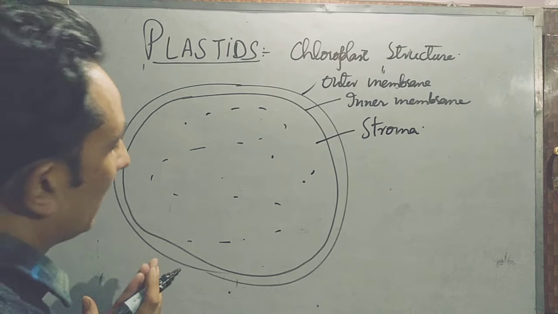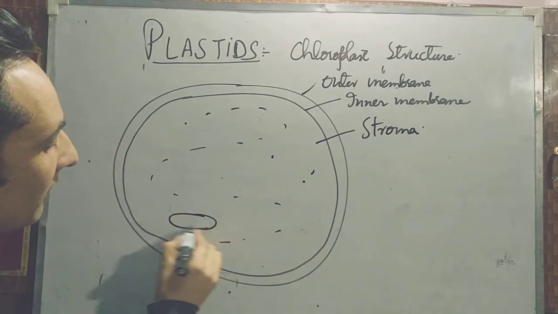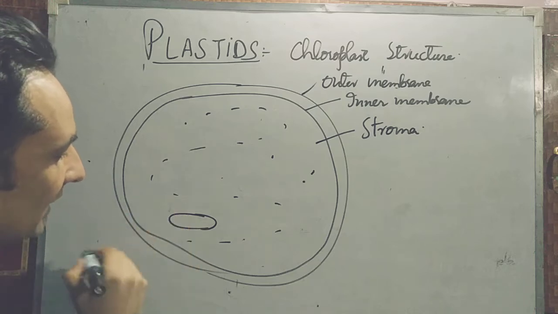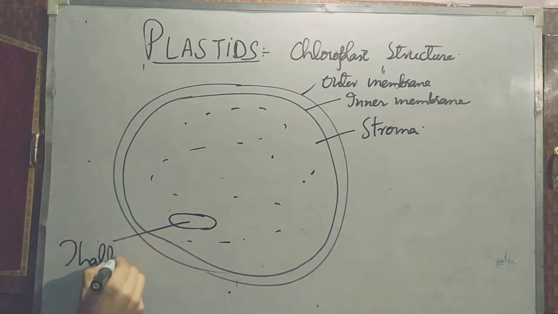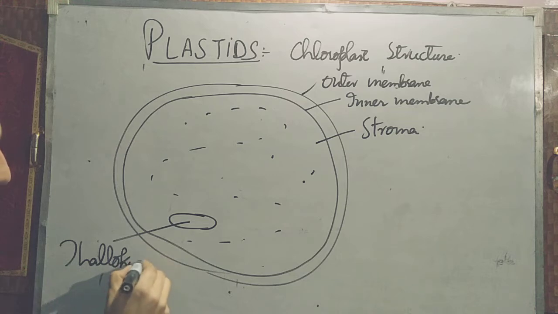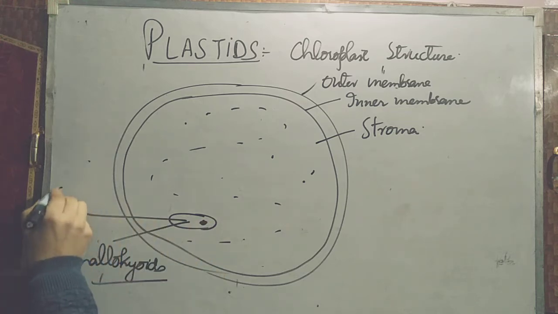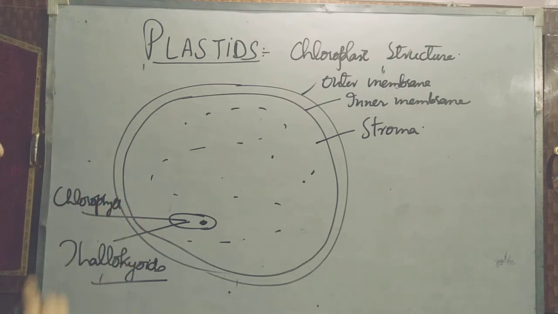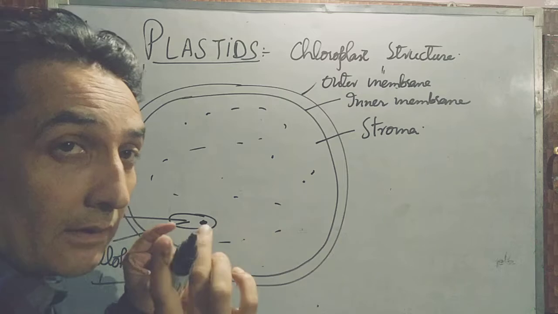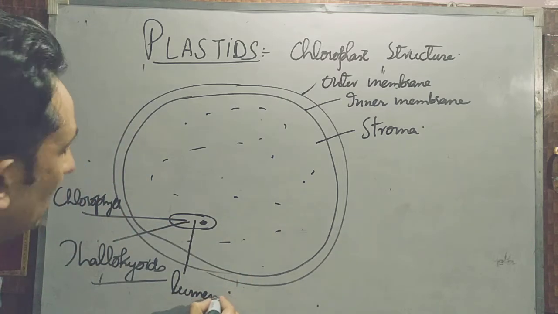Inside the stroma, there are flat sac-like structures known as thylakoids. These thylakoids contain the chlorophyll molecules.